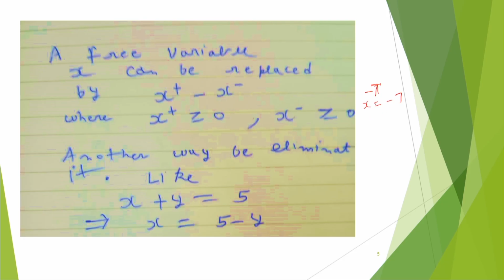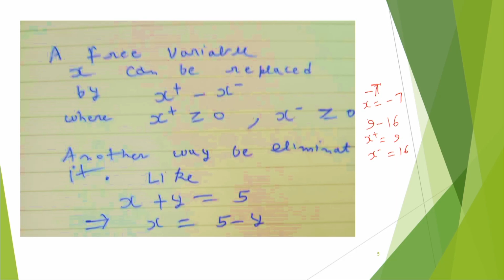Then it can be written as something like 9 minus 16. Suppose x plus was 9 and x minus was 16, both are positive. So their difference will be minus 7. This is just one illustration. So any variable which is unrestricted can be written as the difference of two variables.